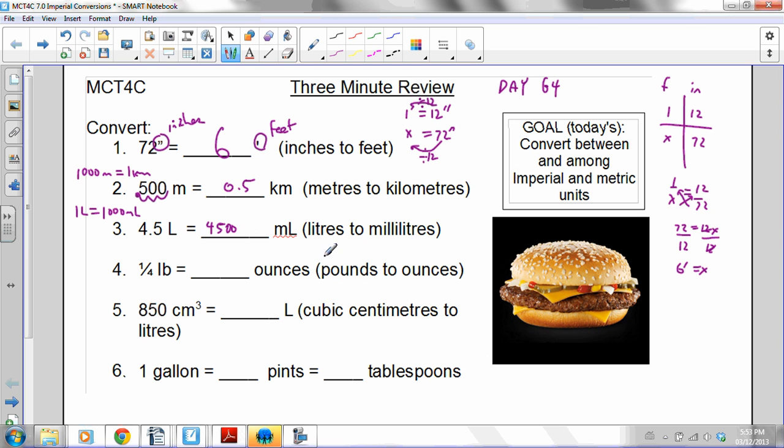Pounds and ounces is the American Imperial style. Quarter pounder, there it is right there, quarter pounder with cheese. Looks good. Is how many ounces? Well, again, you kind of need to know one of these facts, but in the American style, 1 pound is 16 ounces.